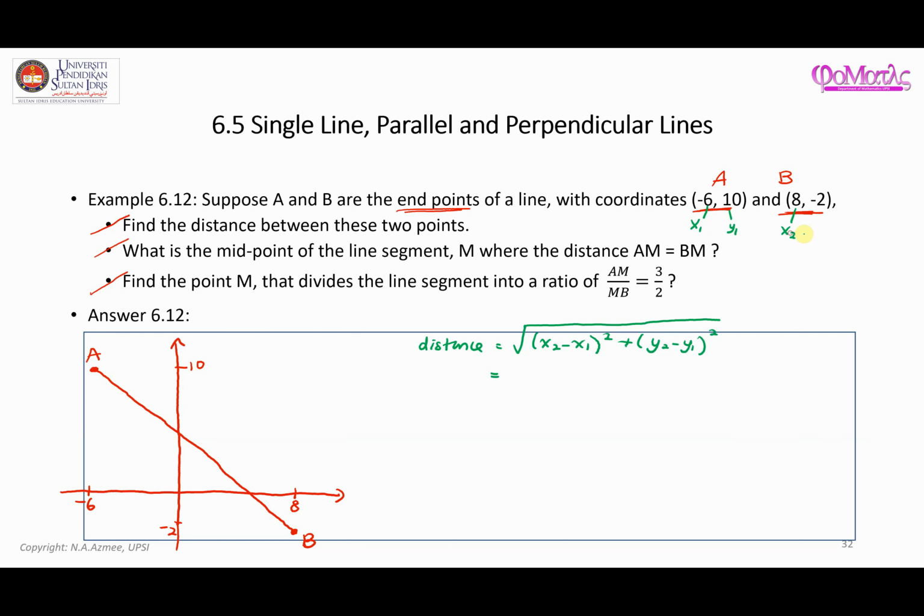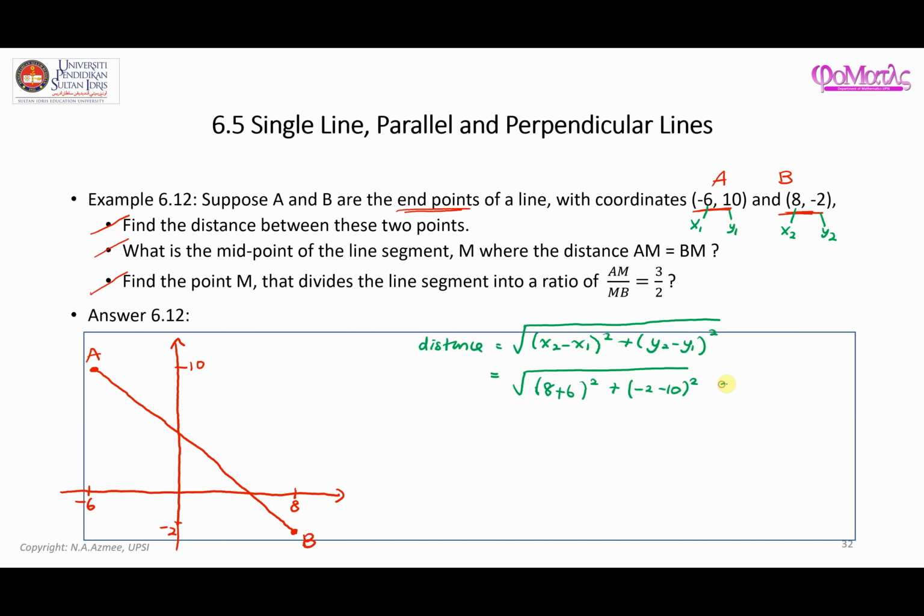This could be your x2 and your y2. So just plug in those values. So x2 minus x1, 8 minus negative 6 will be 8 plus 6 square, plus y2 minus y1, negative 2 minus 10 square.